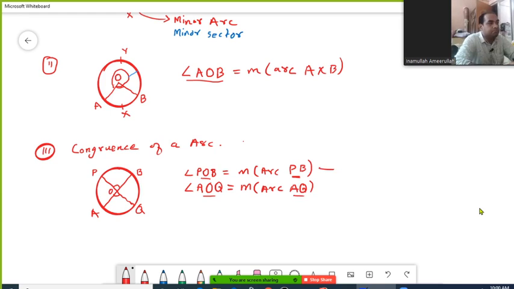So POB should be same as PB, and AOQ should be same as AQ.